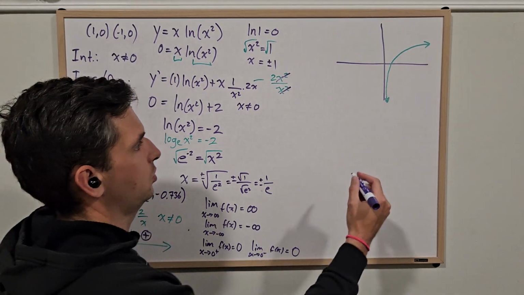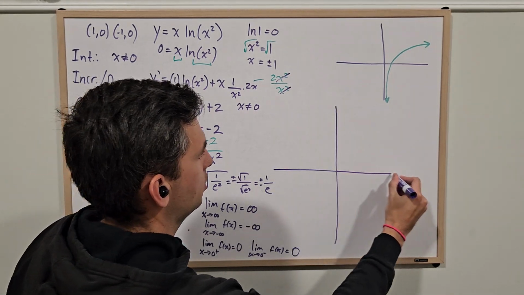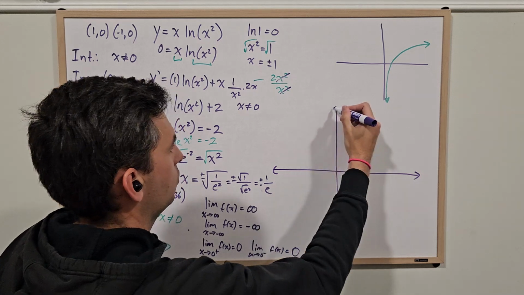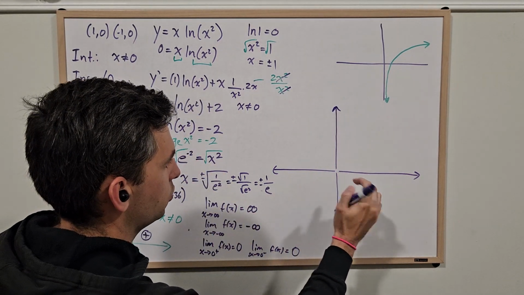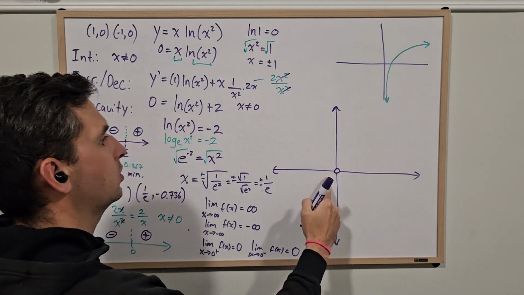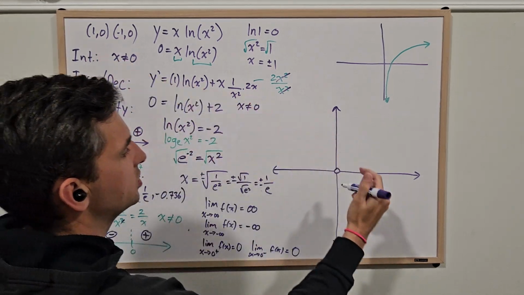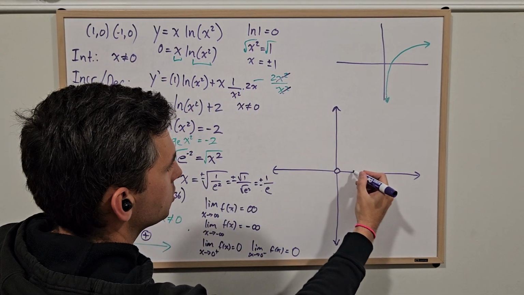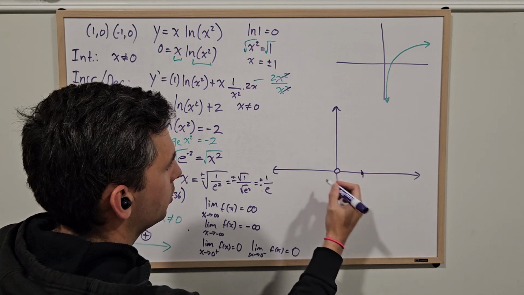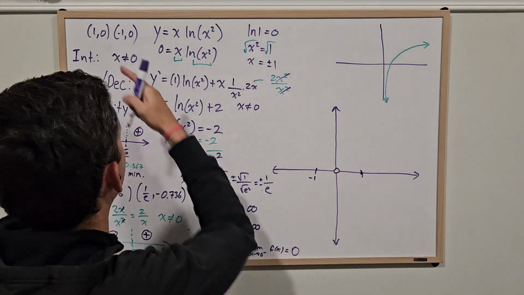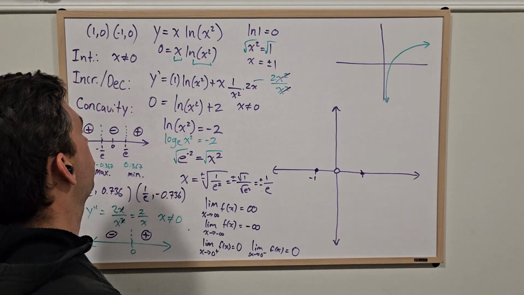Okay, so going ahead and plotting this, we're going to use all of our clues. x cannot equal 0, right? So we have a hole right at the origin. We're plotting our points, 1 and 0. I'm going to make this my 1. I'm going to make this my -1, because I have -1 and 0 as well. I have a point here, I have a point here.